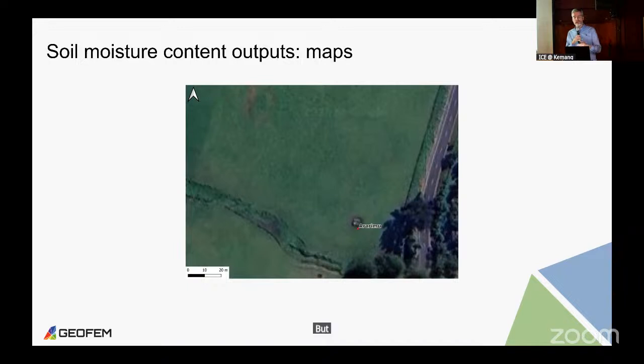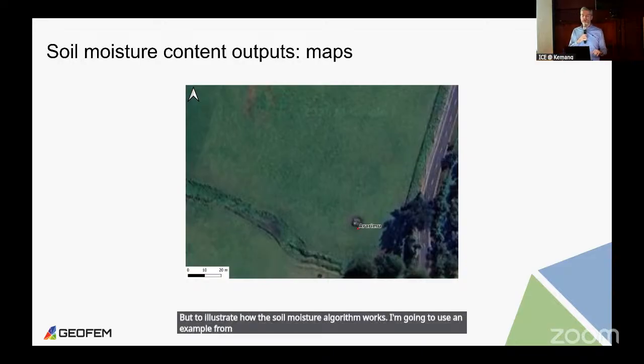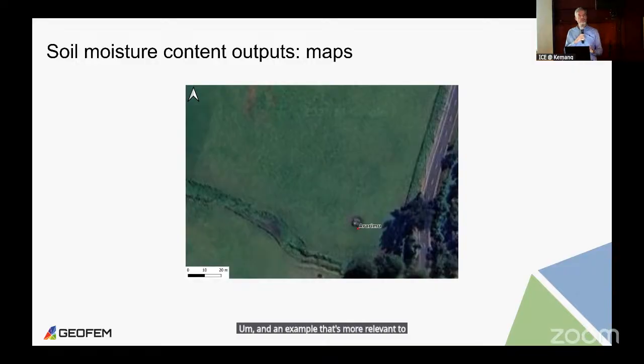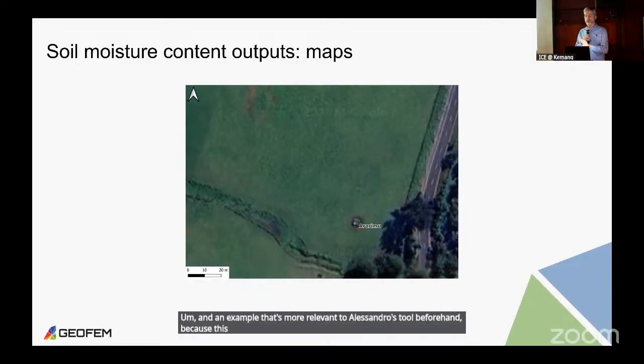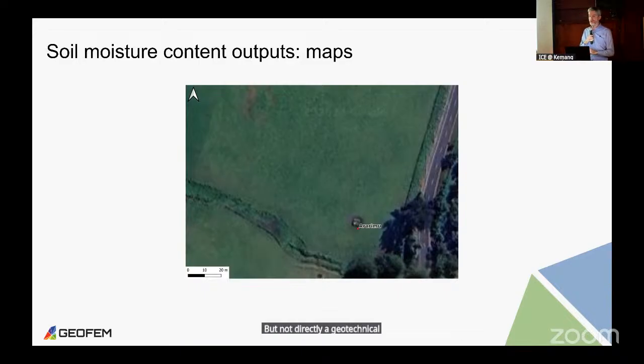But to illustrate how the soil moisture algorithm works, I'm going to use an example from Auckland here, and an example that's more relevant to Alessandro's talk beforehand, because this data was used for flood prediction modeling, not directly a geotechnical application, because an important input parameter to flood prediction modeling is the saturation level of the ground. More saturated ground would mean faster runoff and faster rising flood levels.